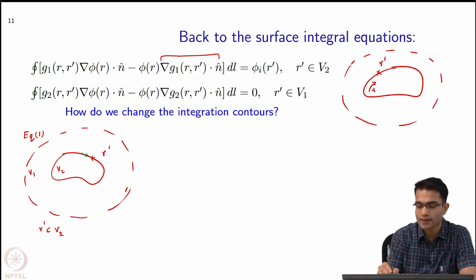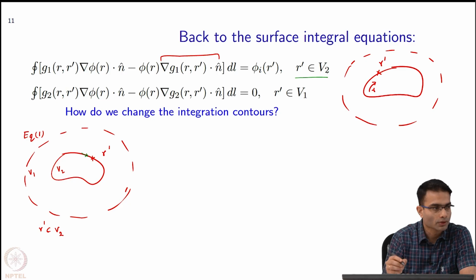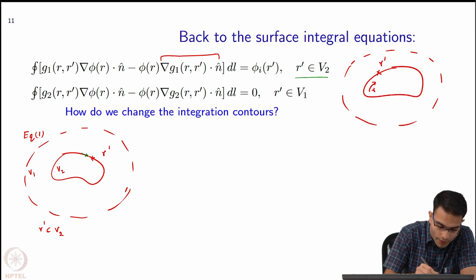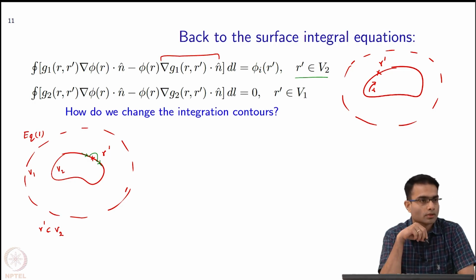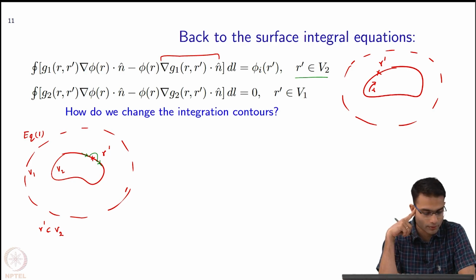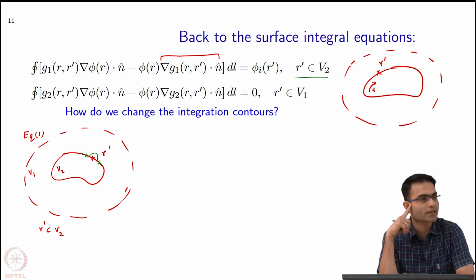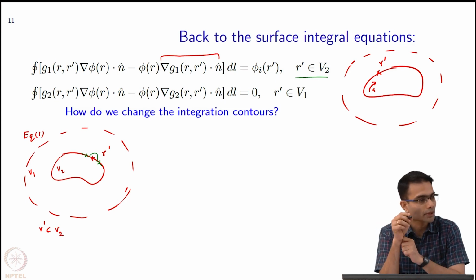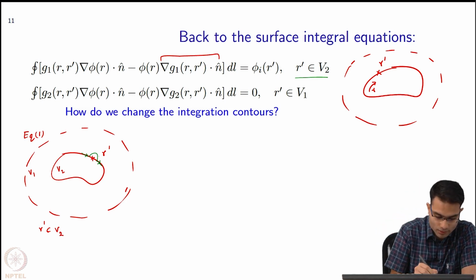It should bend in such a way that r prime still belongs to V2. Now the point r prime is inside V2, because I have changed the surface just a little bit. And this I will zoom in and show you.